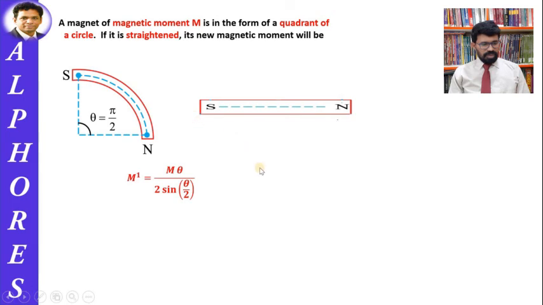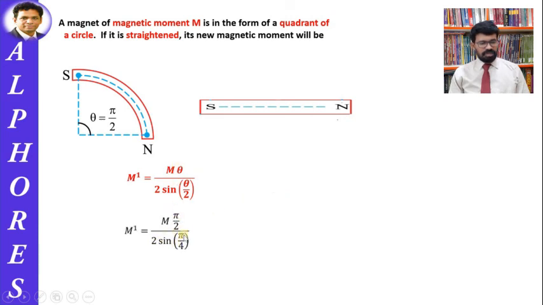So we have already seen one equation. If a magnet is bent such that it is making an angle theta at the center of curvature, then the magnetic dipole moment, if it is equal to m, and later if it is straightened like this, the resultant magnetic dipole moment will be this one, m dash is equal to m theta by 2 sine theta by 2. Just replace this theta with pi by 2, I will get the answer.